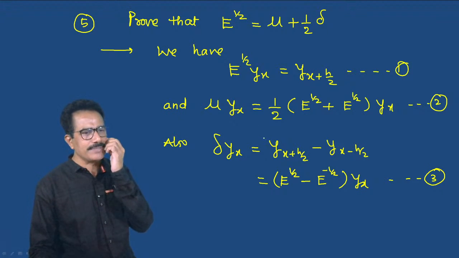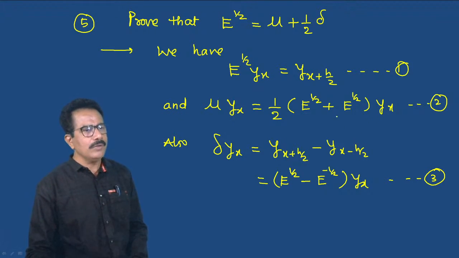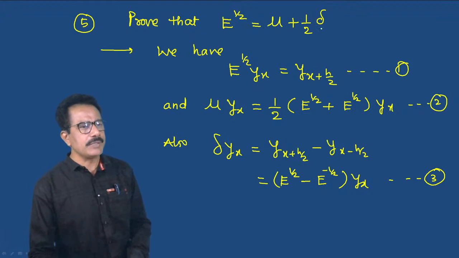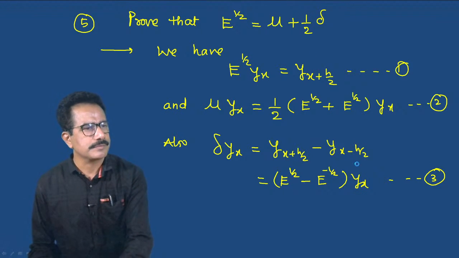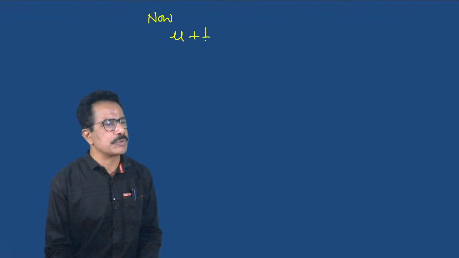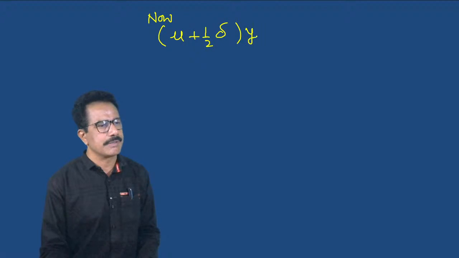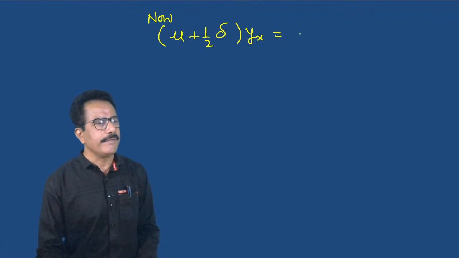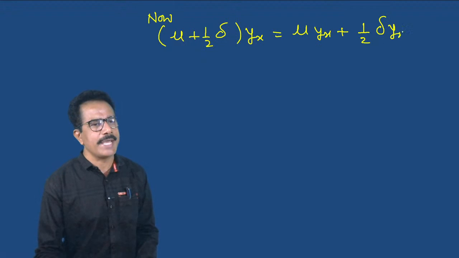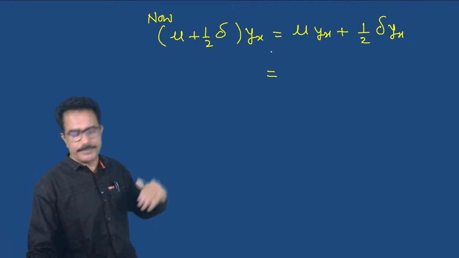Mu of yx means 1 by 2 e raised to this. Okay. Now mu plus 1 by 2 delta. Now mu plus 1 by 2 delta of yx, which is equals to mu of yx plus 1 by 2 delta of yx. So we have considered the right side.